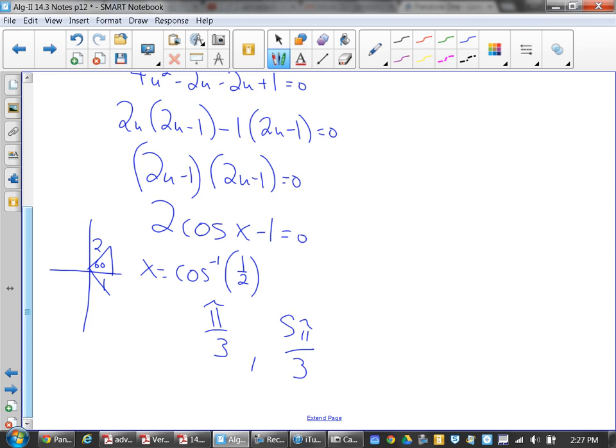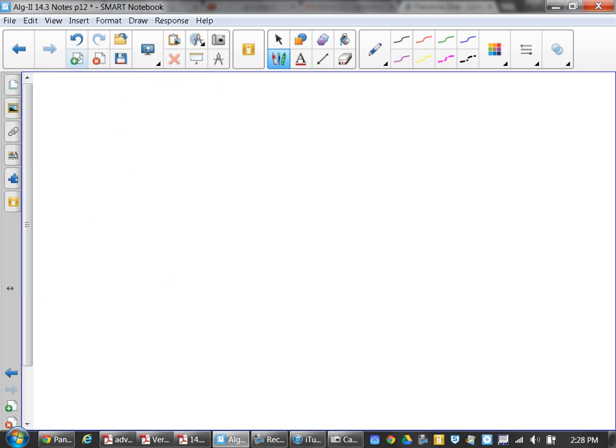Secant squared minus 1. Well, that's starting to look a whole lot like a Pythagorean thing. Is it cotangent? It's tangent. So this becomes secant squared over tangent squared. So rewrite it in terms of sines and cosines.